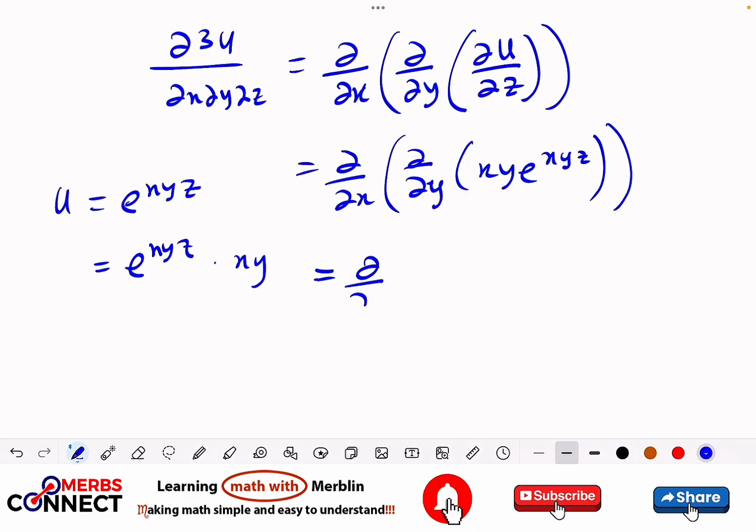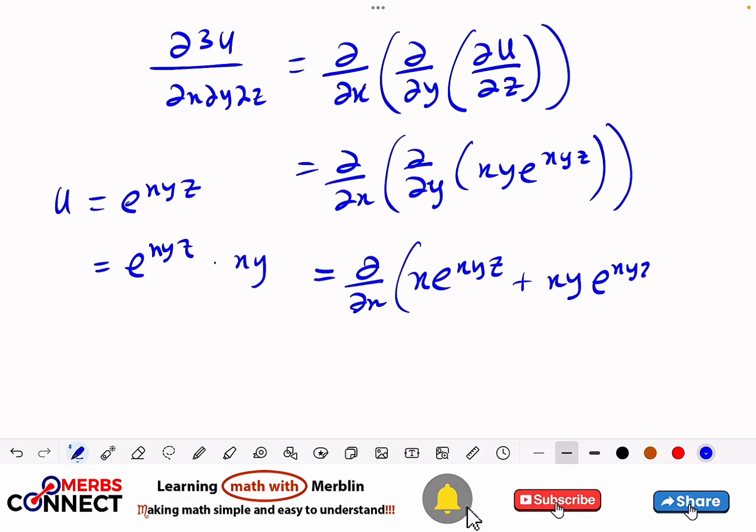So partial with respect to x, open bracket. First differentiate this y, and we are going to have x e to the power xyz plus, now maintain xy, and differentiate this with respect to y and have this z times, now you differentiate what is on the top with respect to y and have xz.